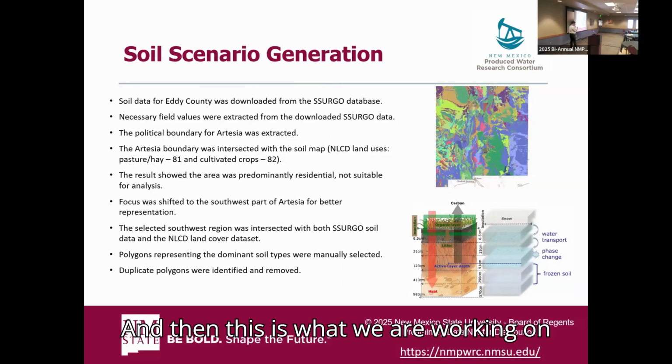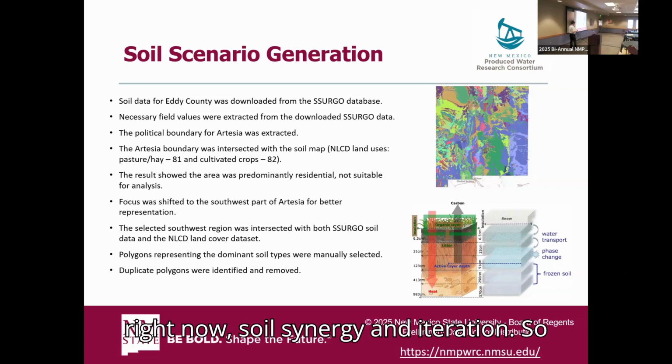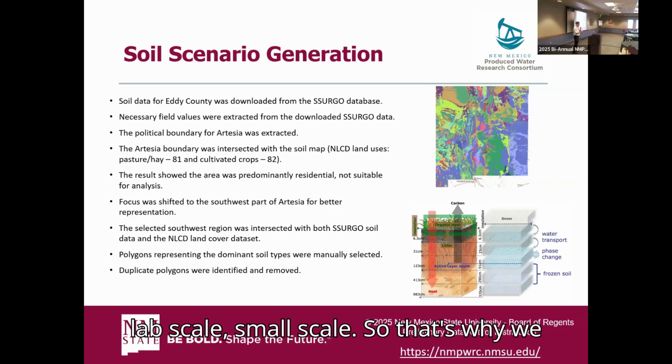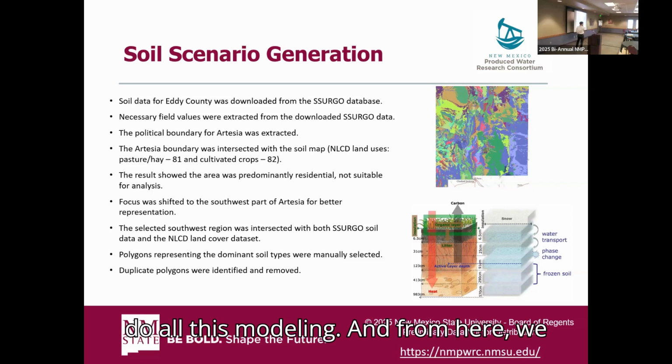And then this is what we are working on right now, soil scenario generation. The main point of this hydrology modeling is that you cannot really test every single point in the lab. It's too expensive, and the scale is lab scale, small scale. So that's why we do all this modeling.